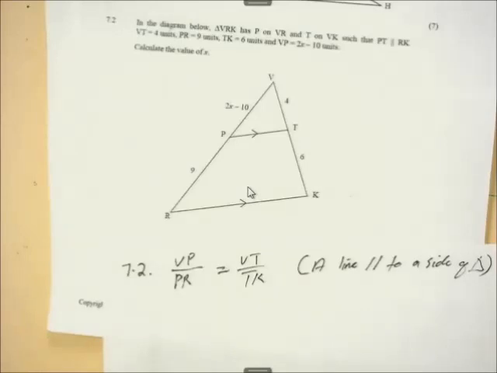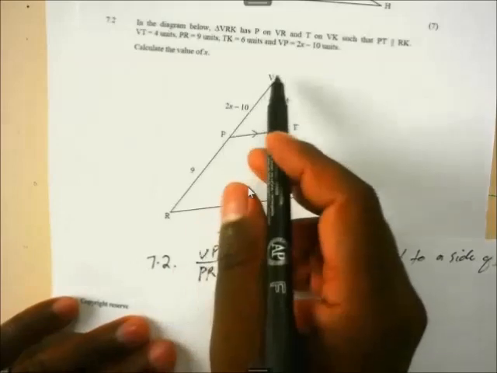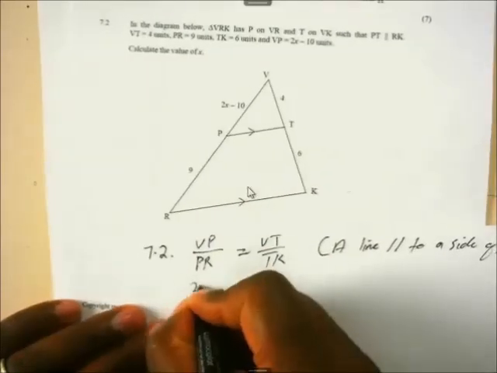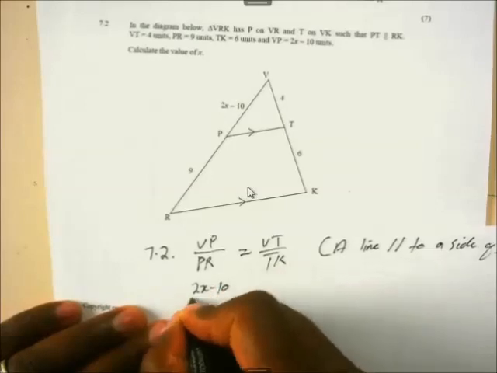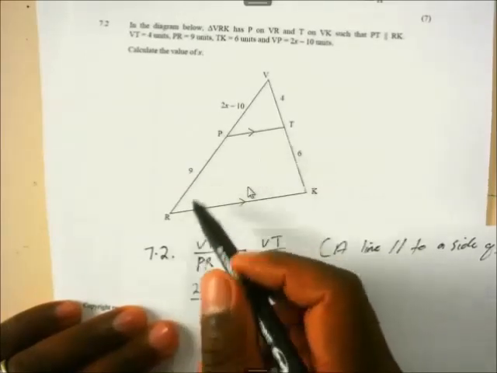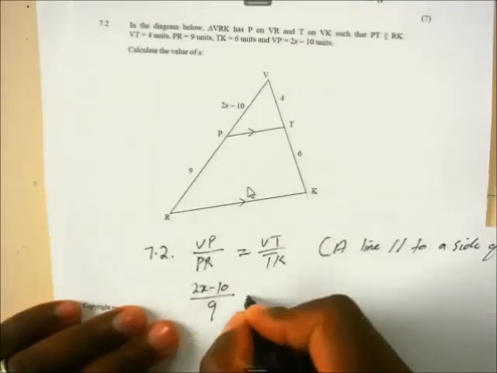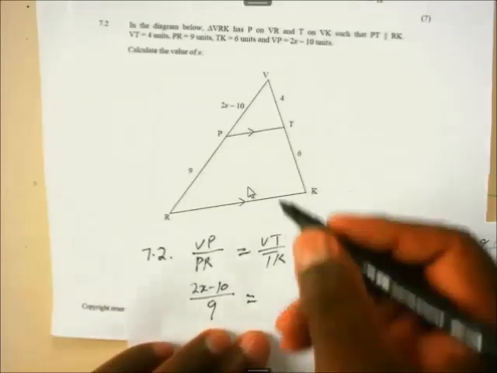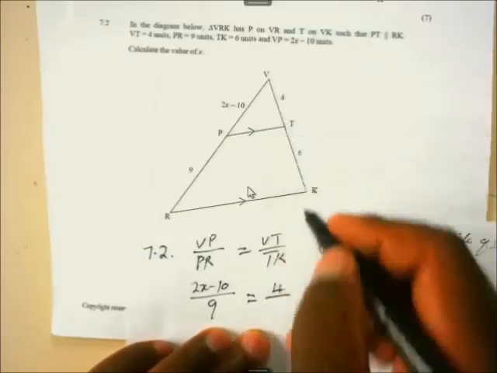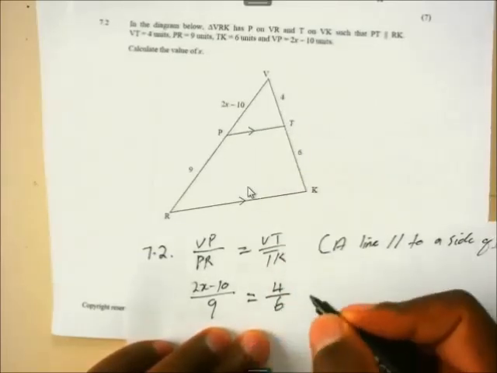We know that a line parallel to a side of a triangle cuts the other two sides so as to divide them in the same proportion. Let's check VP. VP is 2x minus 10. Then you've got 2x minus 10 over PR, which is 9, equals VT, which is 4, over TK, which is 6.